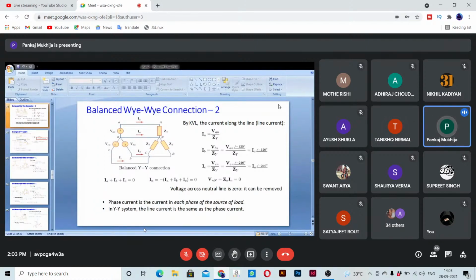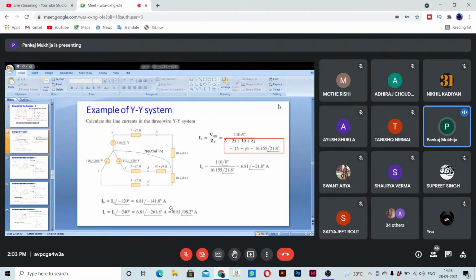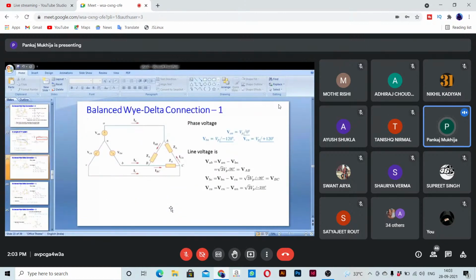I'm not asking here for the reason, of course that is a fact, but what I'm asking you is to identify what is line current here, what is phase current. Are you getting my question? Yes, sir. So that you are able to identify. Suppose I asked you to solve for line current or phase current. From this diagram you should be able to identify which is line current, which is phase current. That's all. There is nothing much in the reason, but you should be able to identify.